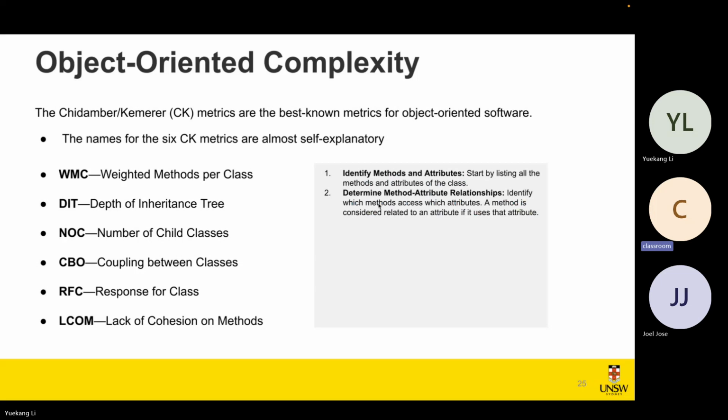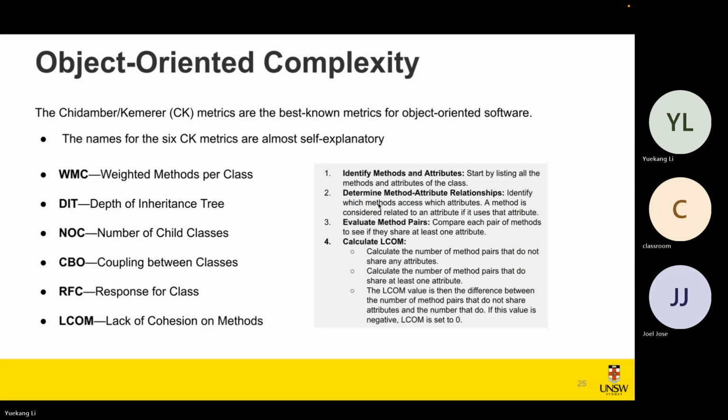So we just have a look at which methods are using which attributes. And then we evaluate method pairs. So basically, if 2 methods are related to the same attribute, then we pair them together. And then we can calculate the lack of cohesion in methods metric using the number of method pairs.